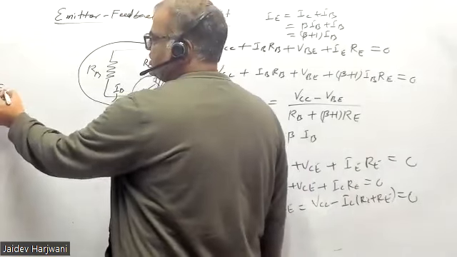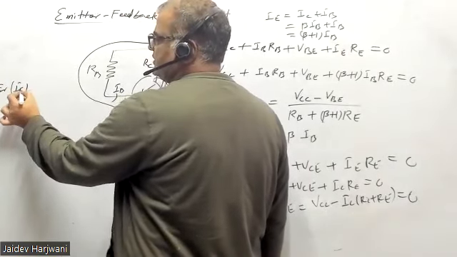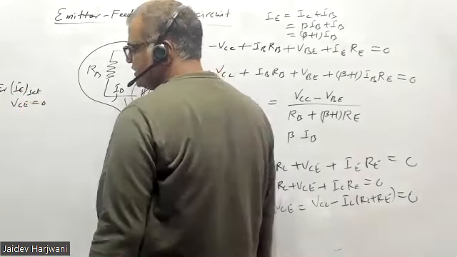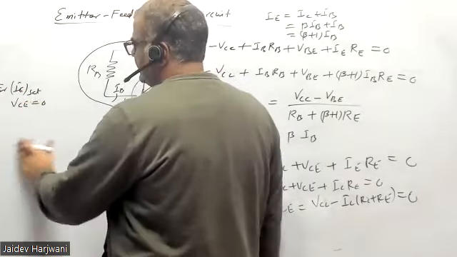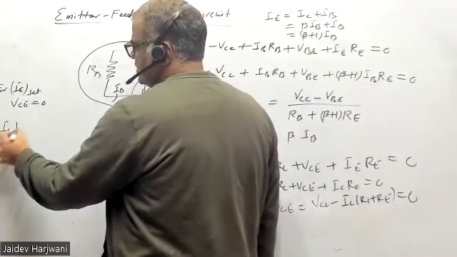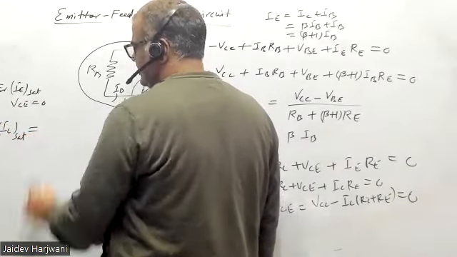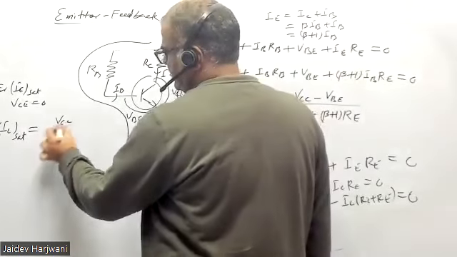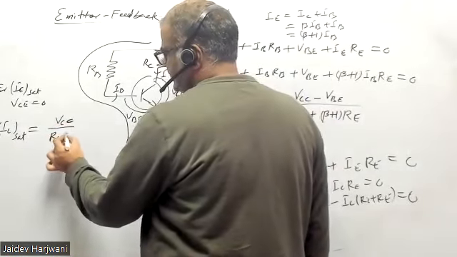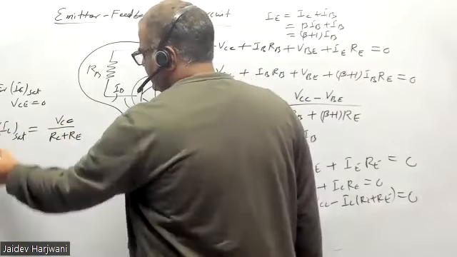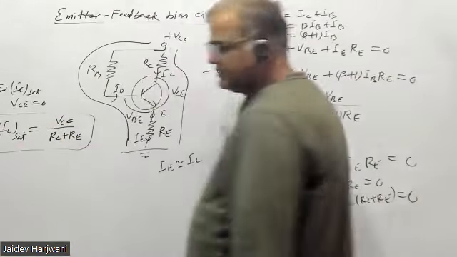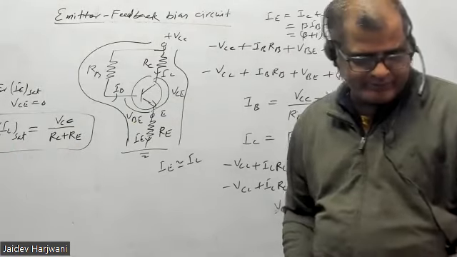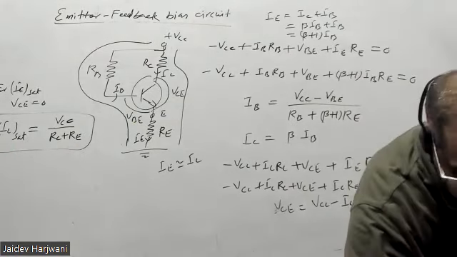For IC saturation, always put VCE equals 0 in the output circuit, the load line. And now your IC saturation will become how much? VCC upon RC plus RE. This is the new formula for this circuit, for saturation.